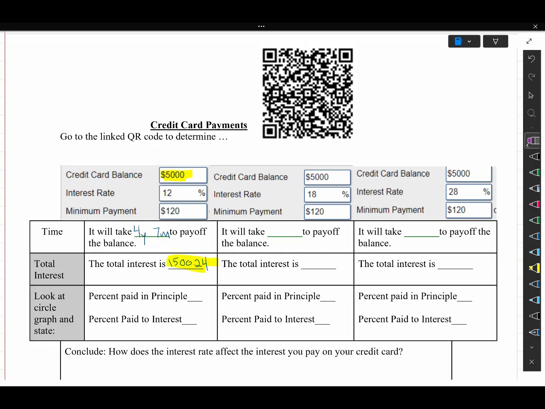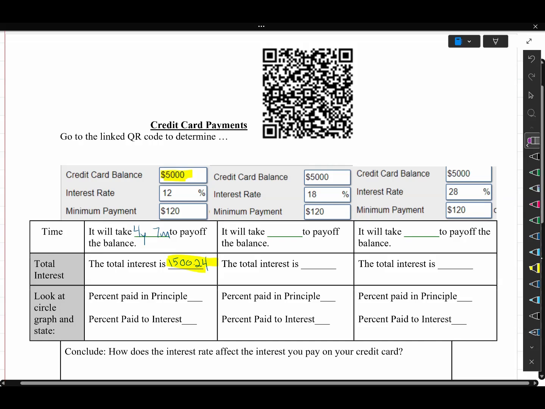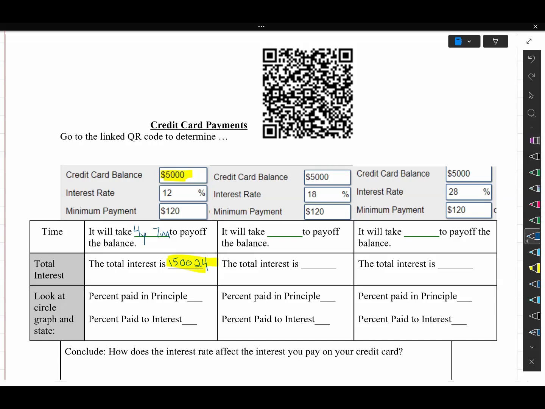So what we're looking at right here is, how much money in total was paid? Well, we're just adding these two numbers up, $5,000 plus $1,500.24. In total, what we're working with is $6,500.24, right? So that big number is really helpful in calculating the percentage that's paid in the principal.